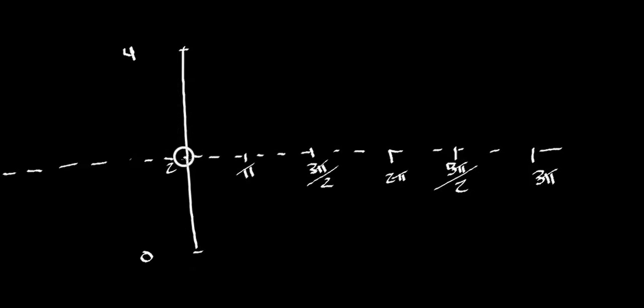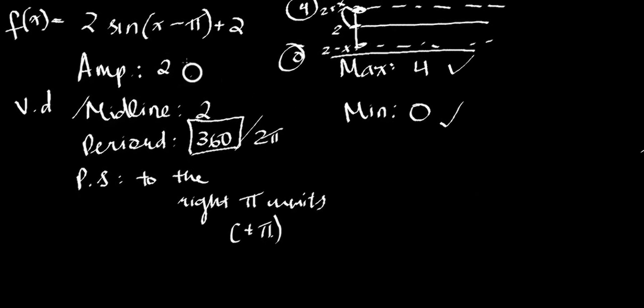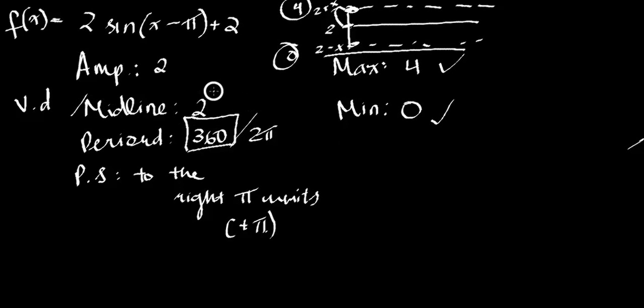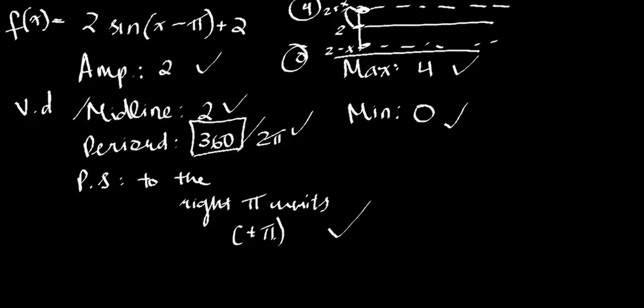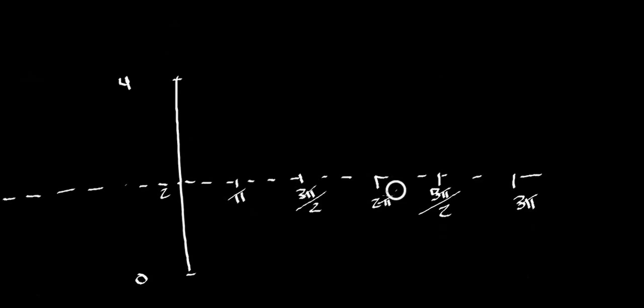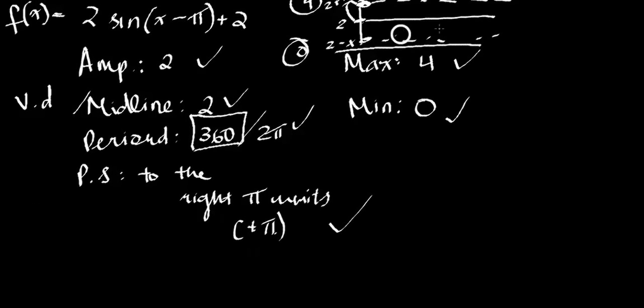So 4 minus 2, that's 2. 2 minus 0, that's 2. So 2 is our amplitude. We took care of the midline, we took care of the period, and we took care of our phase shift, right? We added pi, and then we put all the values on the graph. So it looks like we took care of everything.